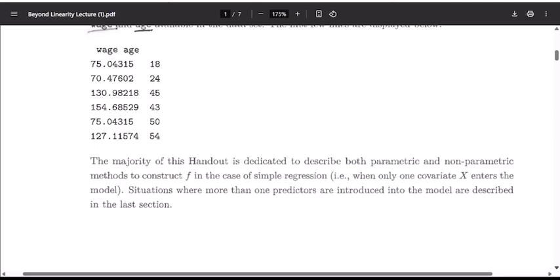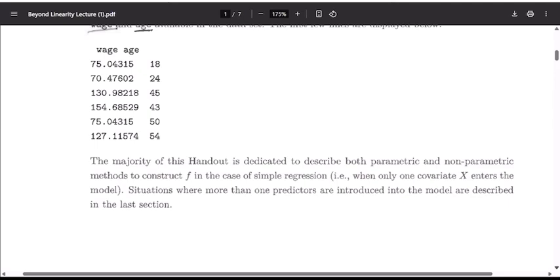So if it is not a straight line, then in estimating the function, we have to look beyond linearity. In looking beyond linearity, the approach to estimate the functional relationship can be divided into two: a parametric approach and a non-parametric approach. I'm going to say that again.